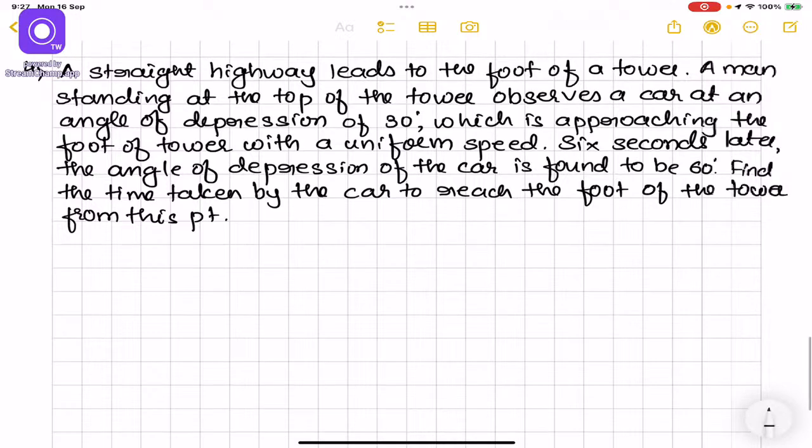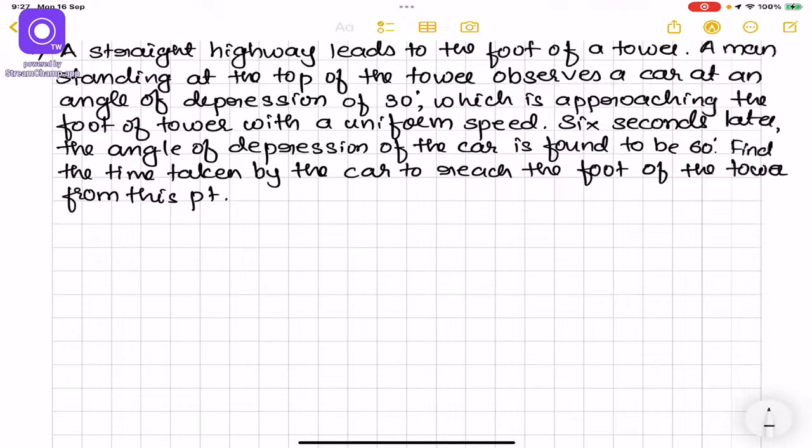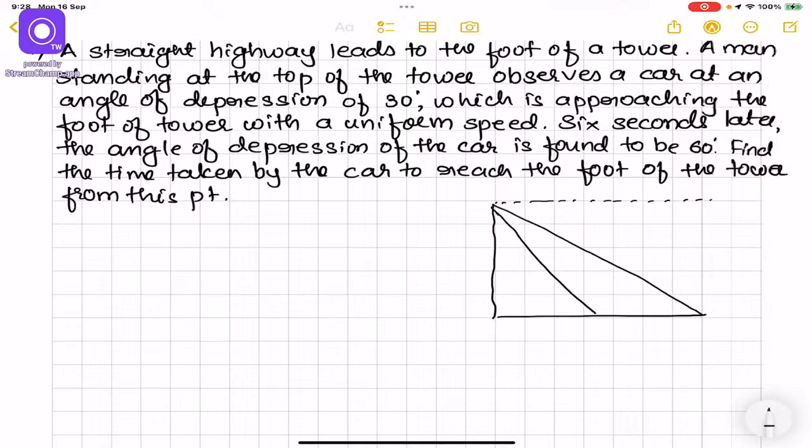Here, angle of depression is there, so I need to show that the observer is standing at the top of a building or a tower. So this is my tower. Now two angles are there, the smaller one 30 and the bigger one 60.